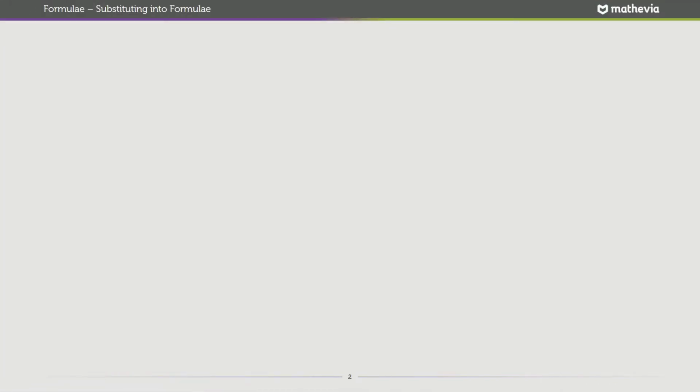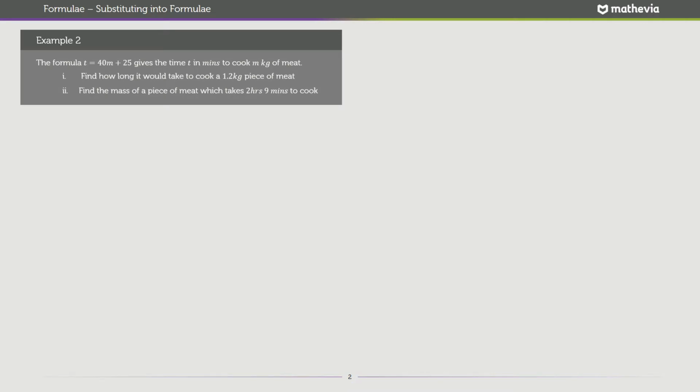Another example. Example 2. We have the formula T equals 40m plus 25, which gives the time T in minutes to cook m kg of meat. Basically this formula gives the relationship between the time taken to cook a piece of meat and the mass of that piece of meat. The higher the mass, the more time it takes to cook that piece of meat.